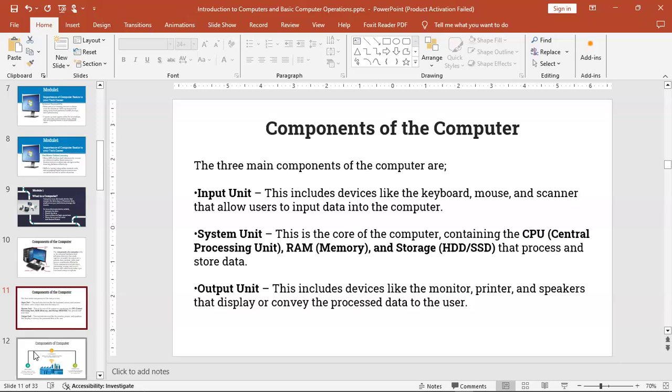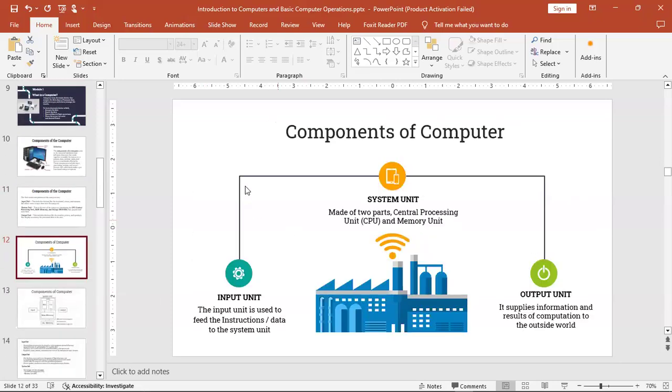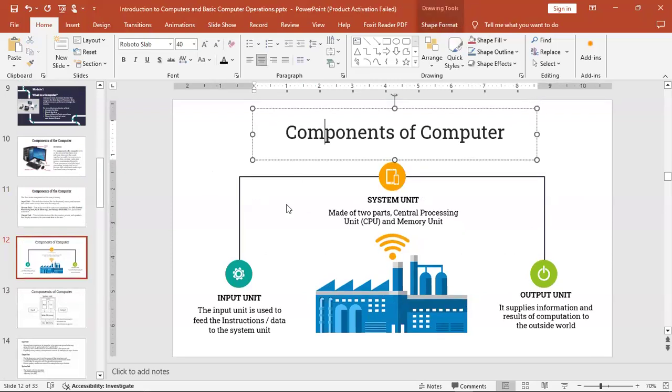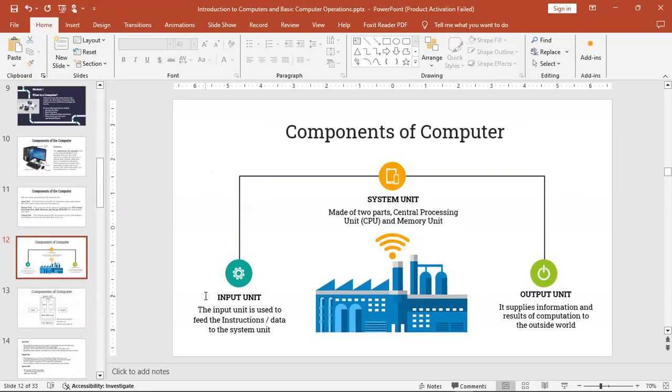So let's look at a graphical representation of the components of a computer. As you can see here, the very first is the input unit. The input unit is used to feed instructions and data to the system unit.